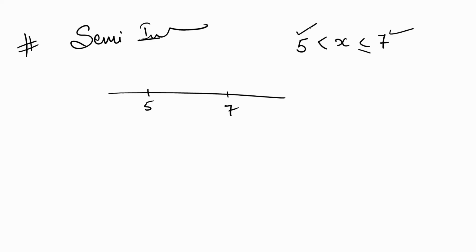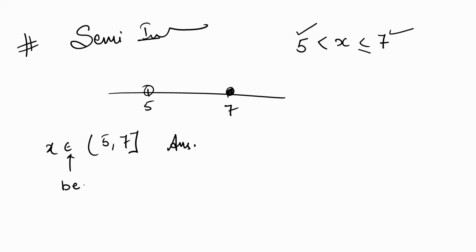So an open bracket in terms of 5, in a circle, and shaded will be on 7. So here it will be shaded, and here it will be open. So 5 open, shade on 7, and the entire region shaded till that point. So this is our answer, x belongs to this value, and there will be shade.